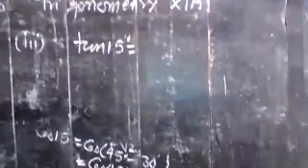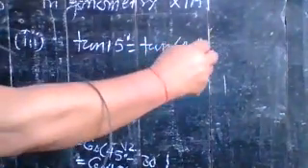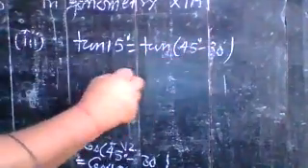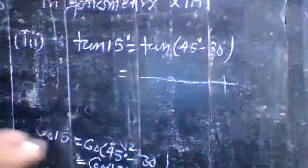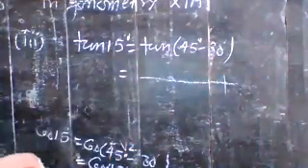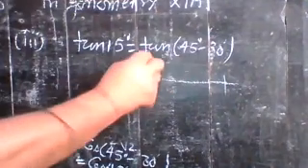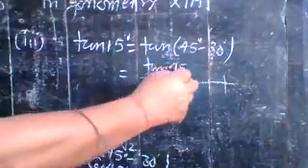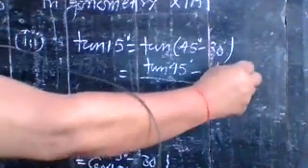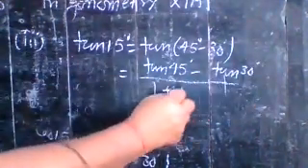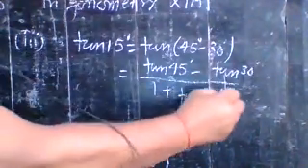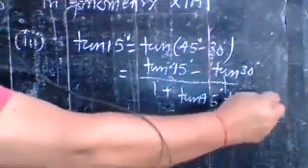Tan 15 degree is equal to tan of 45 degree minus 30 degree, and applying the formula for tan A minus B, which is tan A minus tan B upon 1 plus tan A tan B. So applying here, tan 45 degree minus tan 30 degree upon 1 plus tan 45 degree into tan 30 degree.